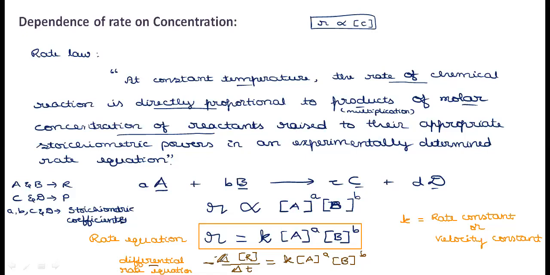Now, by learning this, we'll try to understand what this constant k is in detail, that is the rate constant, which will be helpful for understanding the next concepts. Take the general expression where the rate of a chemical reaction is equal to the rate constant times the concentration of A to the power x, concentration of B to the power y.